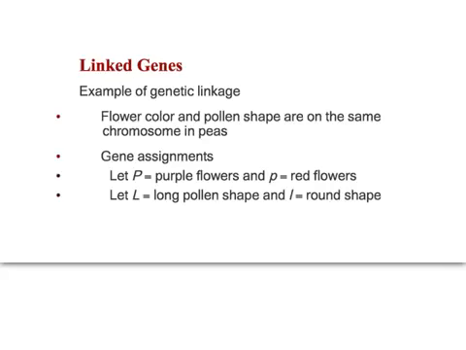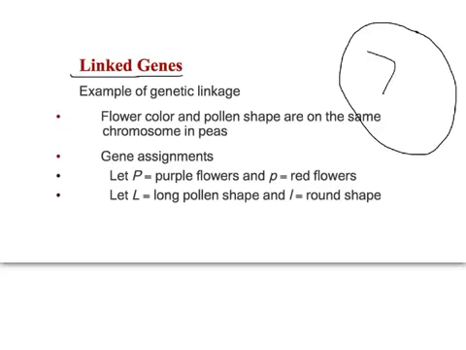However, when we're talking about linked genes, we're talking about two genes that are actually on the same chromosome. So what this would look like would be one homologous pair where the A gene is on one half of the chromosome and the B gene is on the other half of that chromosome. So it's kind of like the A and B are physically linked together. They're physically stuck together.